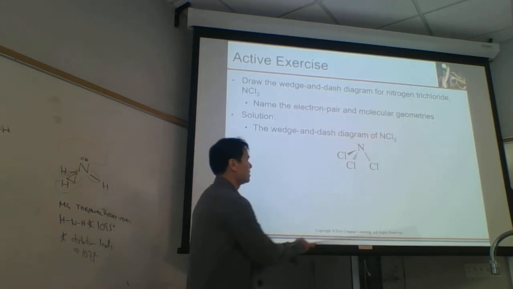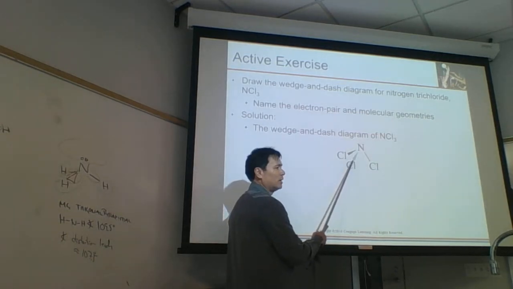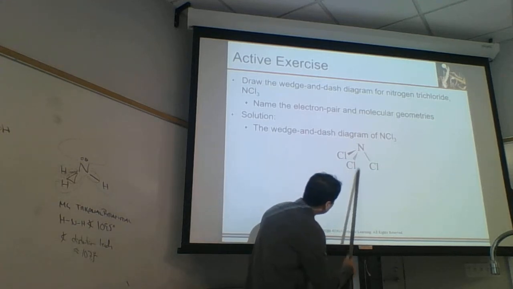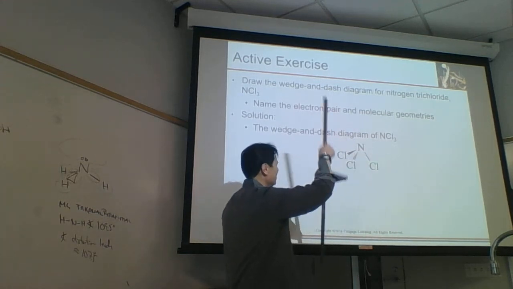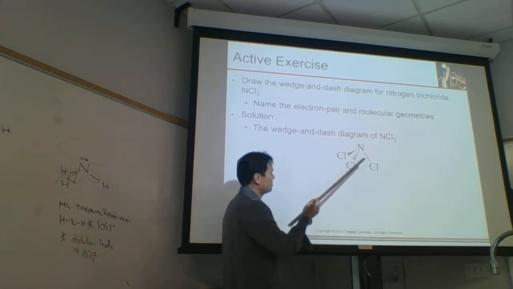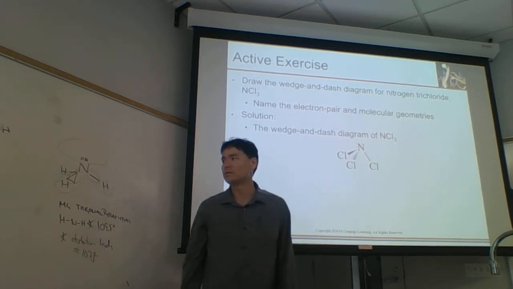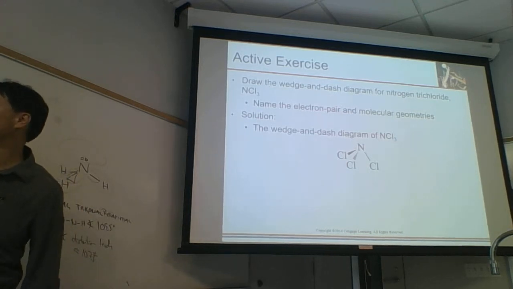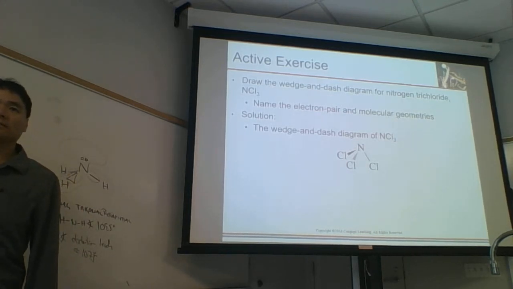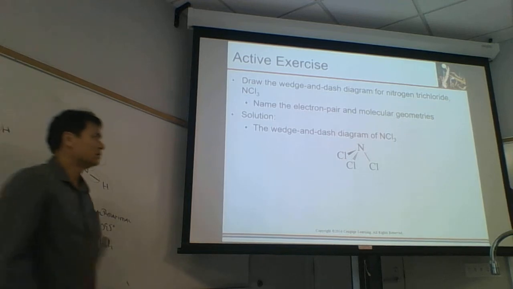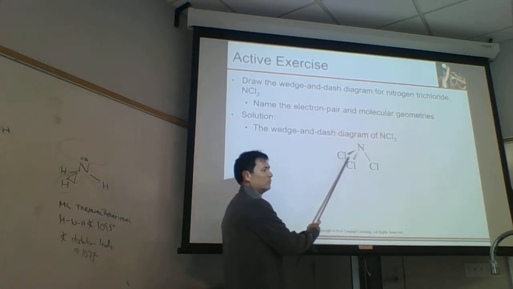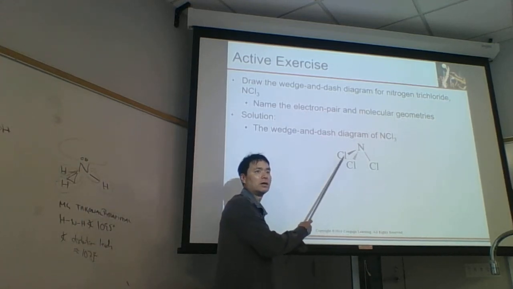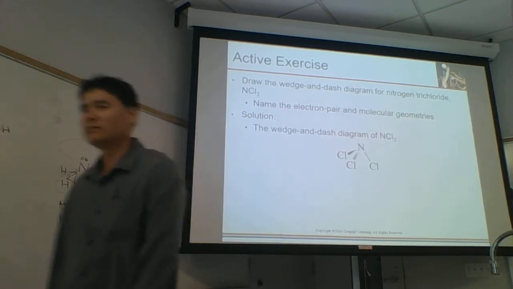You can see they're flipped like that? I don't see it unless I'm looking up, but I want to be looking down at it, because the wedge and dash are in the wrong positions. Now if I'm looking down at this, this is coming out, and that one's going in. And so don't copy this drawing. Even though this is what the book has, don't copy this. It's not a very good drawing.